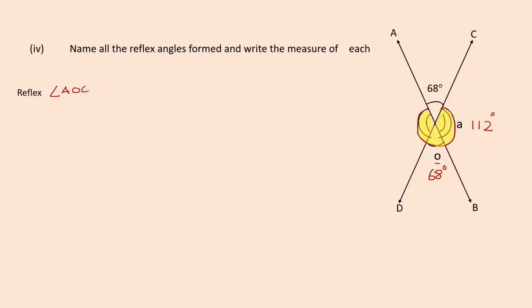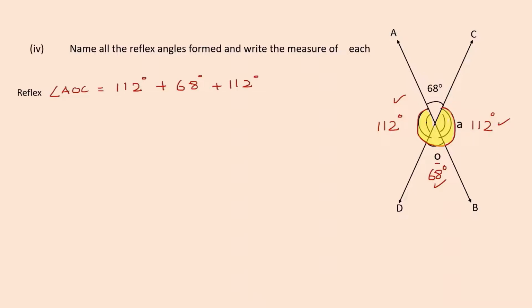So the angle that's vertically opposite that will also be 112. Now to find out reflex angle AOC, we need to add up 1, 2 and 3 angles. We are leaving out 68 here, which is AOC, and we're taking reflex angle AOC. So let's add 112 degrees plus 68 degrees plus 112 degrees.